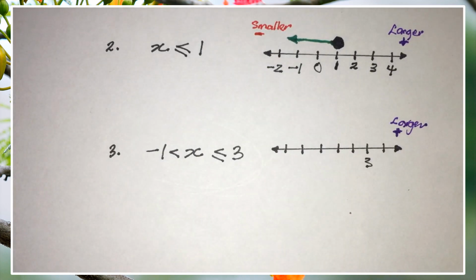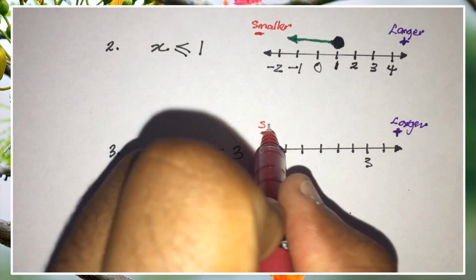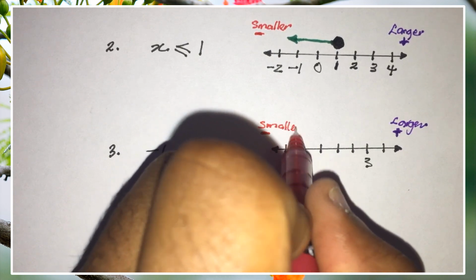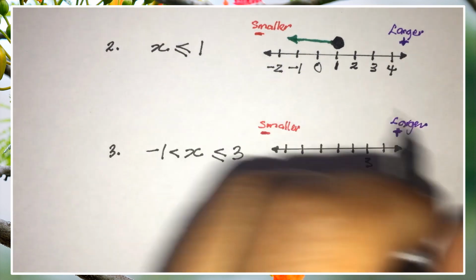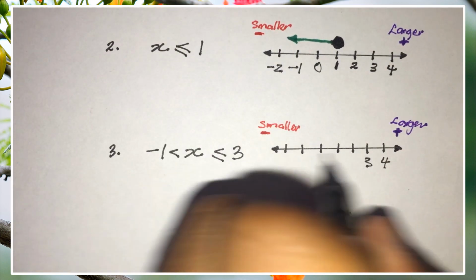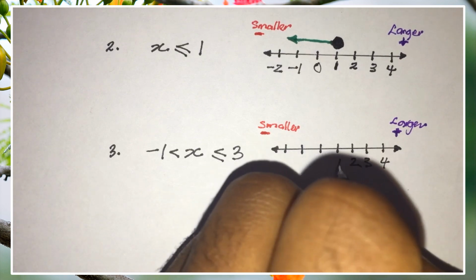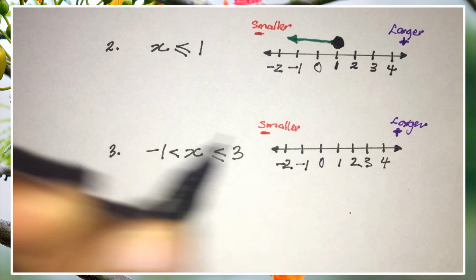And on the opposite side, I'm going to put my minus, which means it's supposed to get smaller on this side. Smaller. Good. So I'm just going to put in the numbers around 3 now. So this would be 4. This now coming this way will be 2, 1, 0, -1, -2.